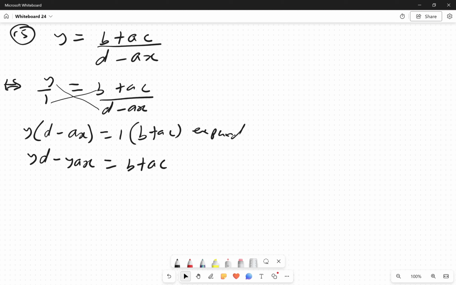Now we have to bring the like terms together. Because the a here is negative, we send it to the right hand side and make it positive. And the b is here, let's send it to the left hand side. So we're going to have yd minus b will be equal to, here we are left with ac still standing, and when we bring the yax, we have plus yax.